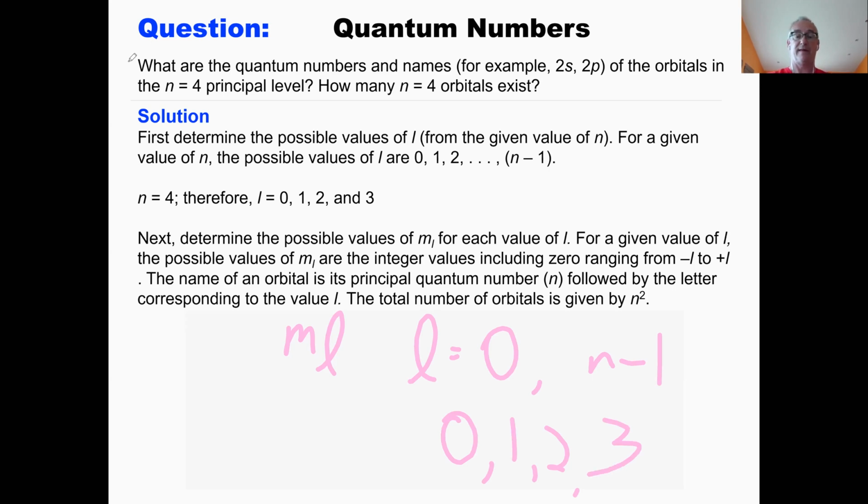So L refers to S, P, D, and F. So basically, as soon as you get to the 4th level, all the subshells are now available to you. You have S to fill, P to fill, D to fill, and F to fill. So how many electrons in each one?